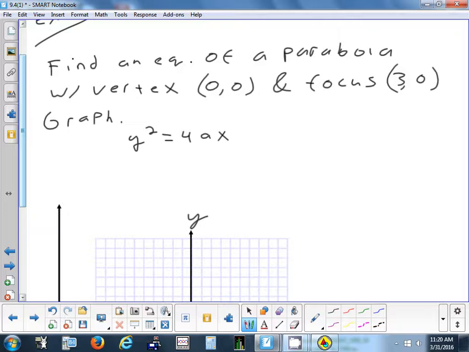It's what letter, comma, 0? It's (a, 0). So because they gave me the focus, what letter did they give me? They gave me a. I know a is 3. But you have to be able to figure out that 3 is a. Any questions on that? Now what do you think we do with the 3? Yeah, just take it and plug it in for a.